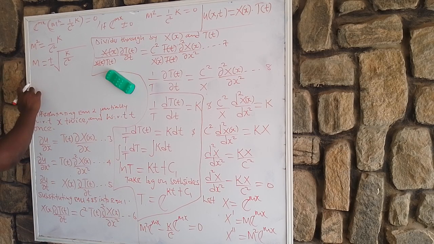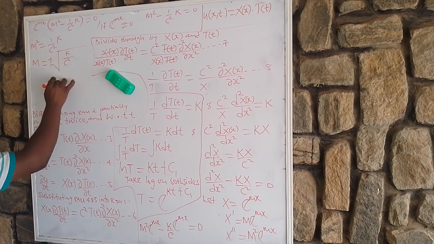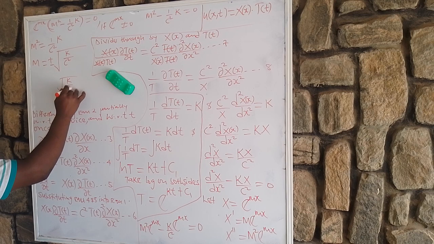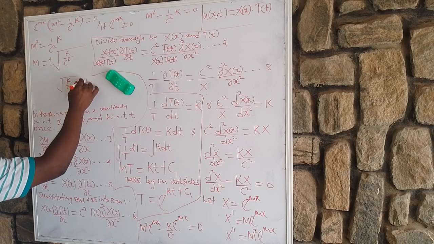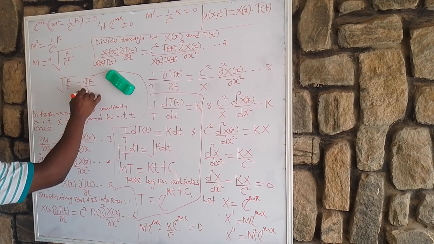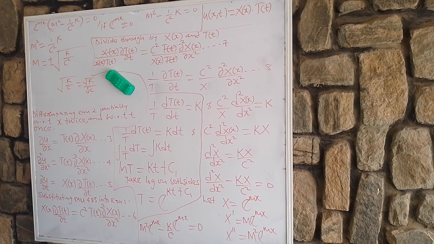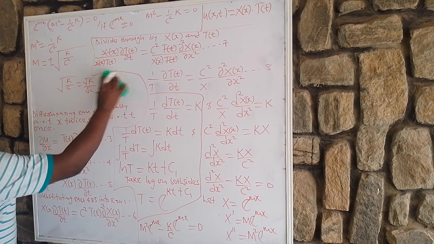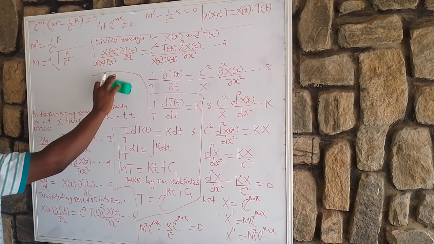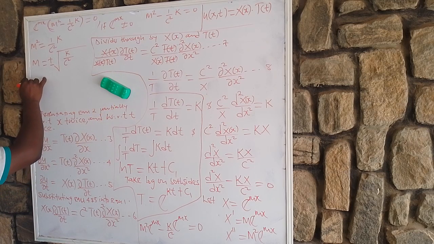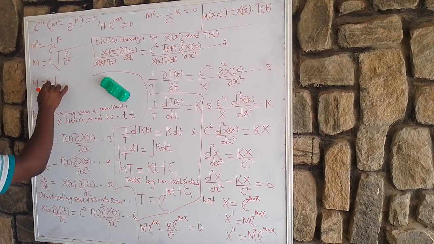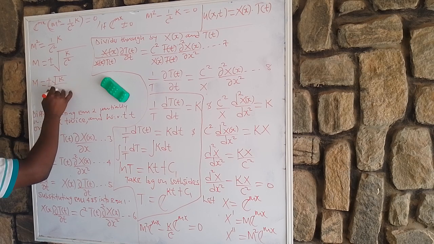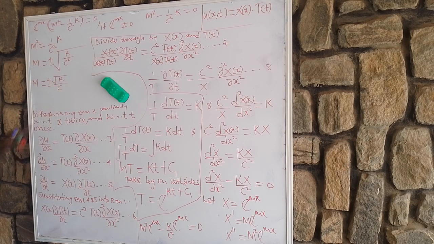because of this plus or minus, it means this one will give us 1. But in short, if we have something of this one, this is the same thing as what? Square root of k all over square root of c. True or false? So what if I write this way? Our m is equal to plus or minus square root of k all over c, because the square root of this will now cancel.